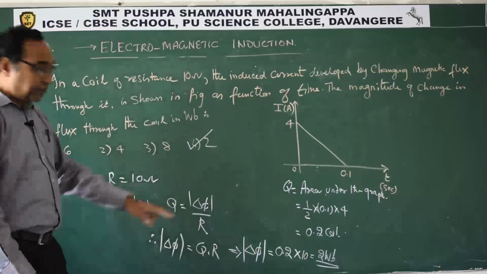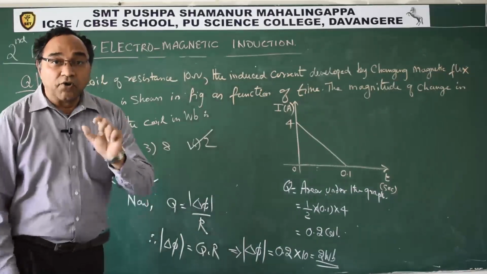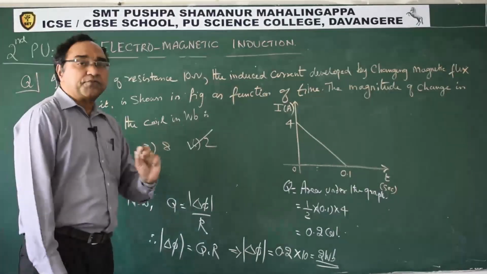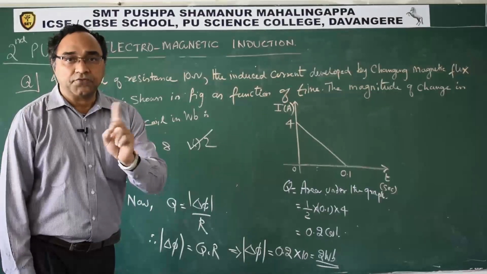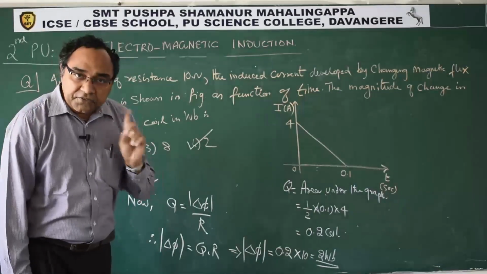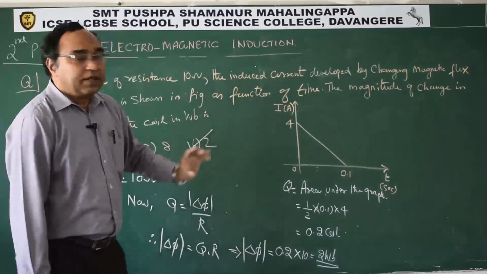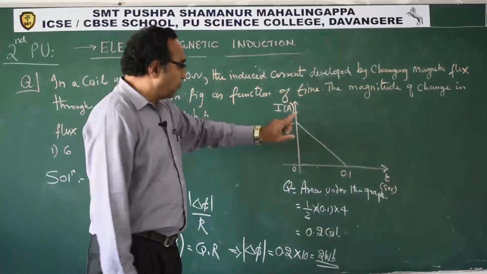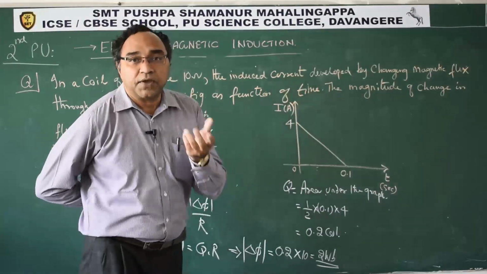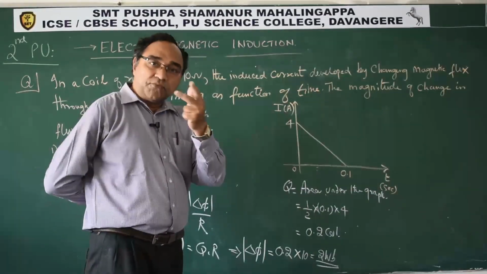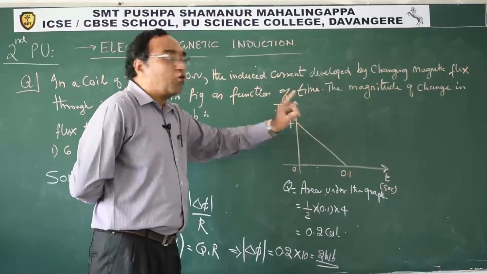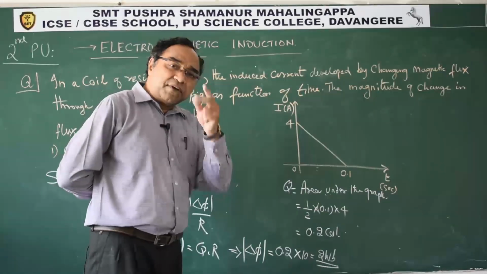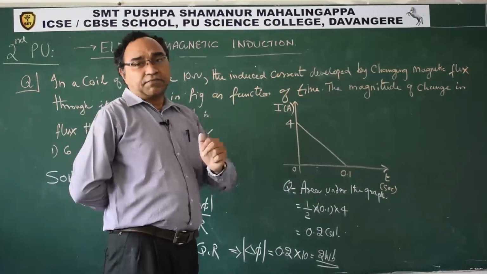So students, see how every question has a small twist. It is not difficult, it is conceptual. So when any graph is given to you, two things you have to think. From the graph, what information can I get? Two pieces of information: one is to find the slope of the graph, second is to find the area under the graph.